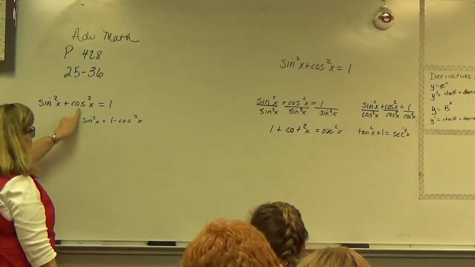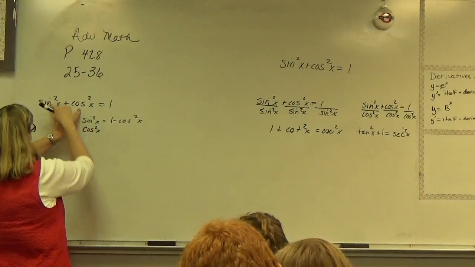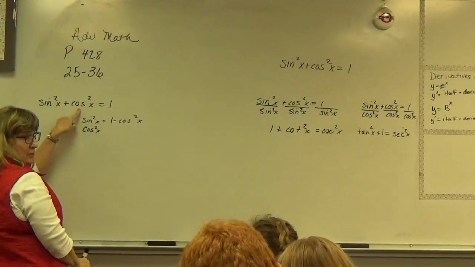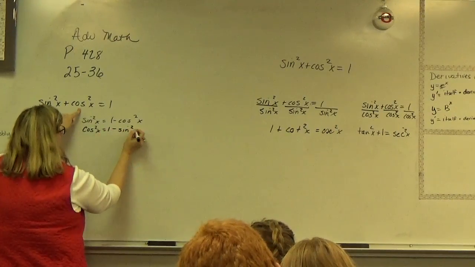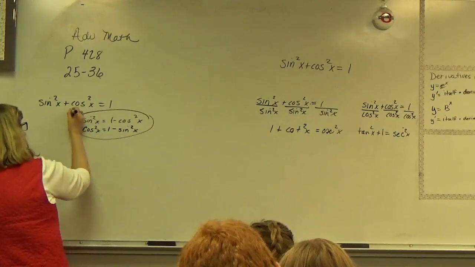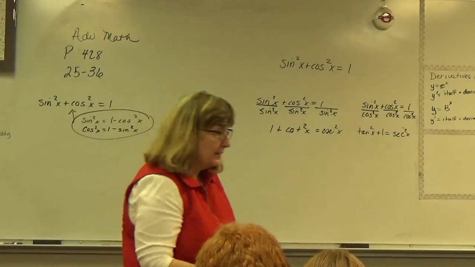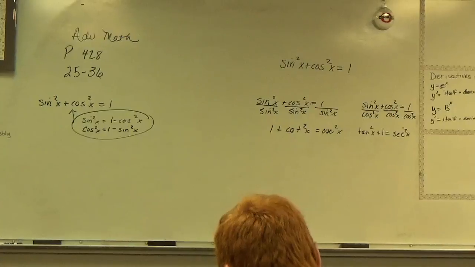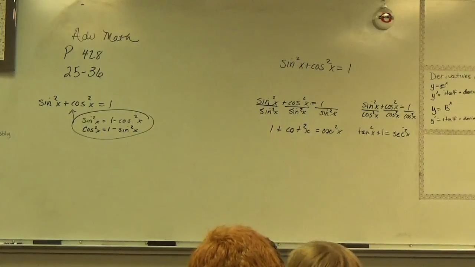Or could I solve for cosine squared? So if I solve for cosine squared, wouldn't I have to subtract sine squared from both sides? So 1 minus sine squared. So these 2 are another way to write that 1. So you may want to put it up there beside that one that's already there, because it's another format of that very first one. Do you understand what I'm saying, Mason? Okay. So that's something you may want to write up here by that one, because there are 2 other formats for it.